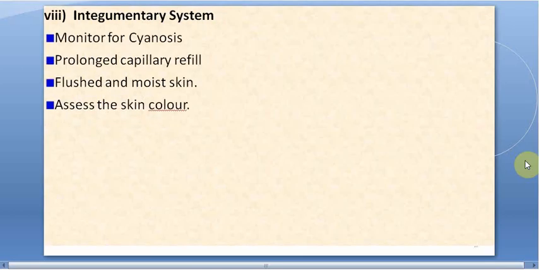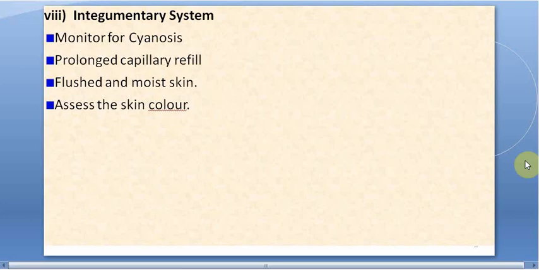In the integumentary system, you have to monitor for any cyanosis. Cyanosis means bluish discoloration of the skin and mucous membrane. Then you should also monitor capillary refill. We will show you when I am doing the cardiovascular assessment, or sometimes in integumentary also, how to press your nail bed.